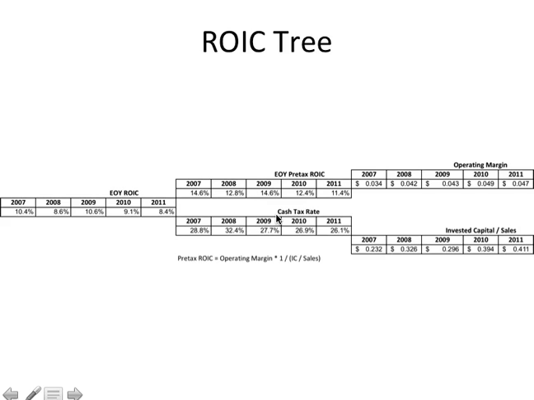In 2007, this company paid 28.8% in taxes. In 2011, this company paid 26.1% in taxes. Is that tax rate helping or hurting their ROIC 5 years later? I went from paying 29% in taxes to 26% in taxes. Is that helping or hurting my ROIC?